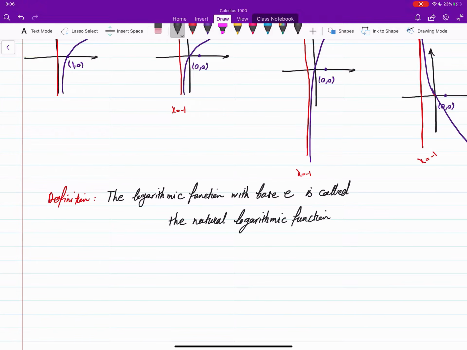And it's so special that we have a notation for that. Instead of log base e, we denote it by ln or ln x. This is just a notation for log of x base e, and that is going to be called the natural logarithmic function.